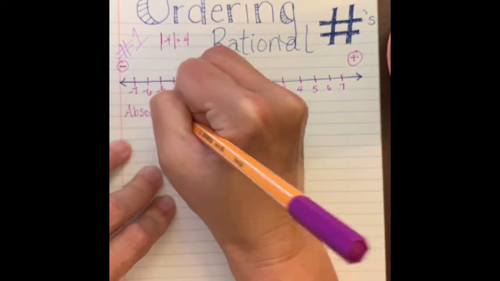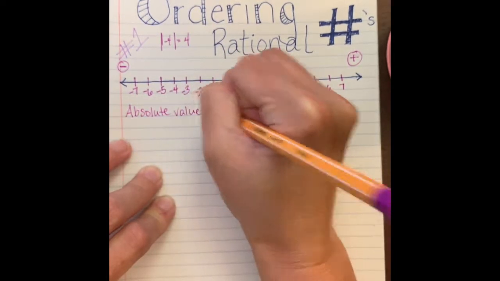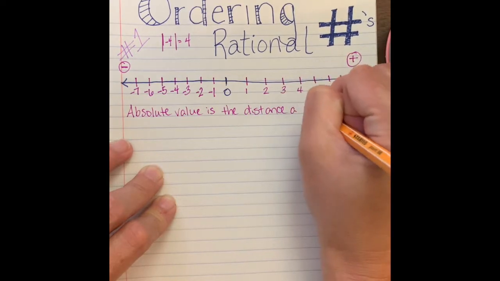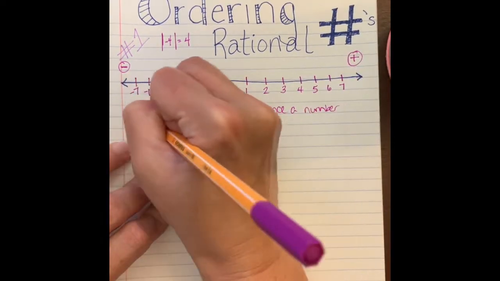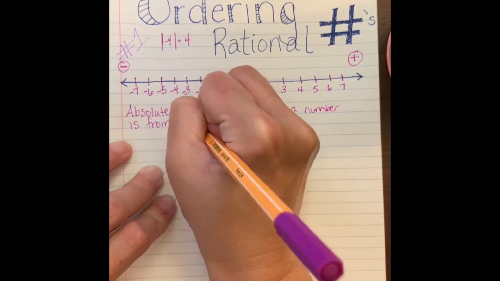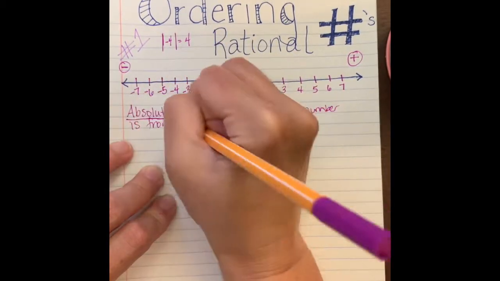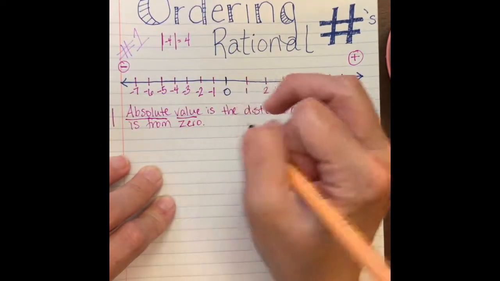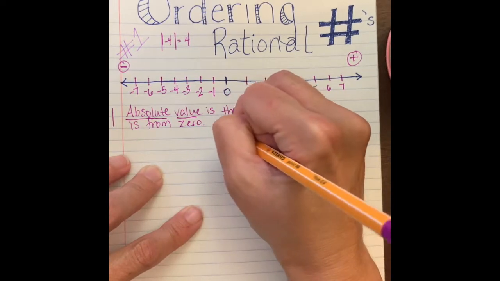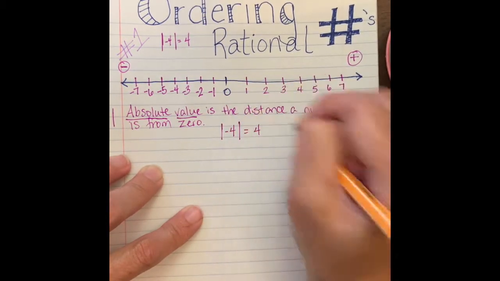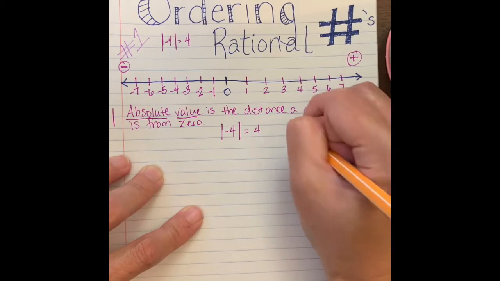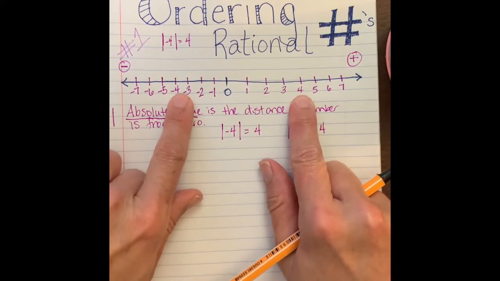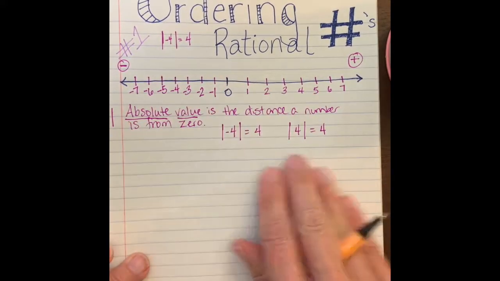Absolute value is the distance a number is from 0. That's absolute value, and the symbol for it is these two lines. The absolute value of negative 4, as previously discussed, is 4, and the absolute value of 4 is 4 because they are both 4 spaces away from 0. So that's the absolute value.